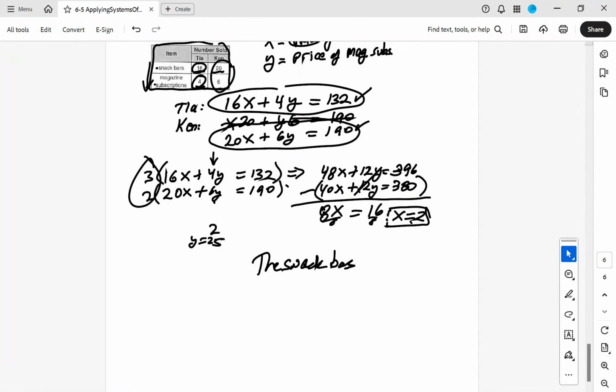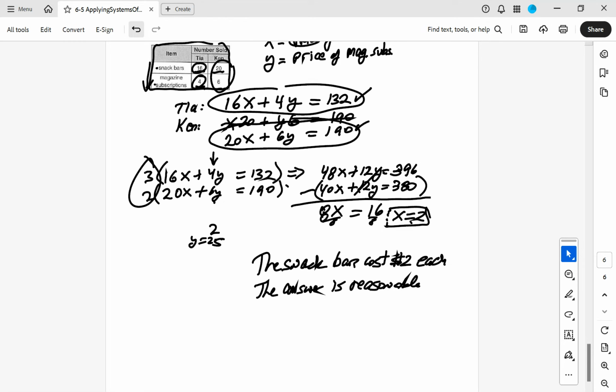So the answer will be snack bars. Whoops, let's write that more. Cost $2 each. And the answer is reasonable. The answer is reasonable because it makes sense, because magazine subscriptions should be a good deal higher, or snack bars should cost a lot less.